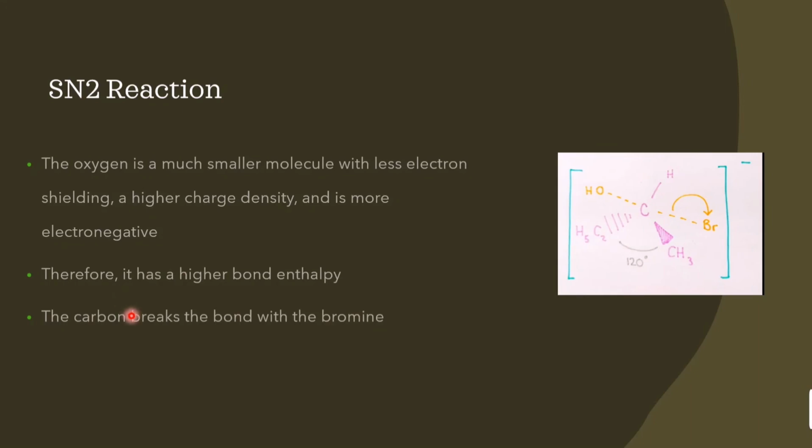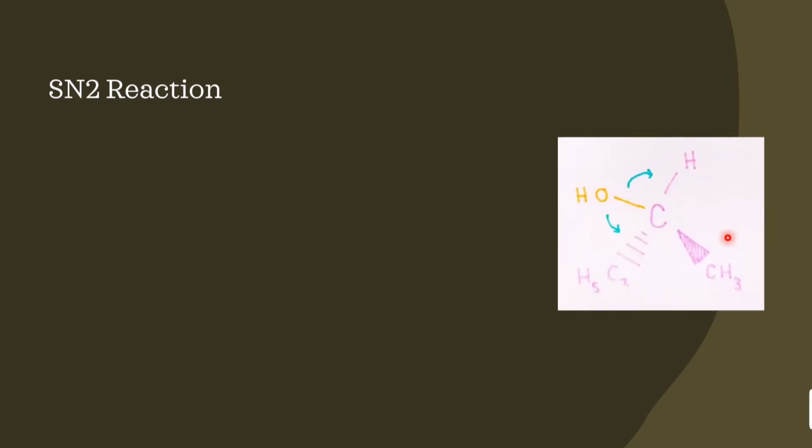So this means that our carbon breaks the bond with the bromine because it requires less energy to break this bond. So the bonding electrons in this partial bond with our carbon and bromine attack the bromine atom to break this carbon-bromine bond. So this now means that our hydroxyl can form a proper bond with our carbon.